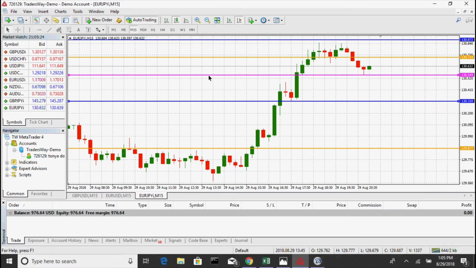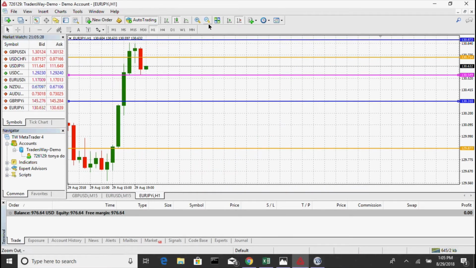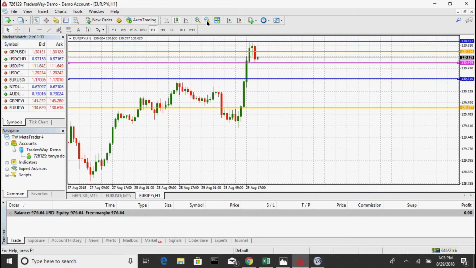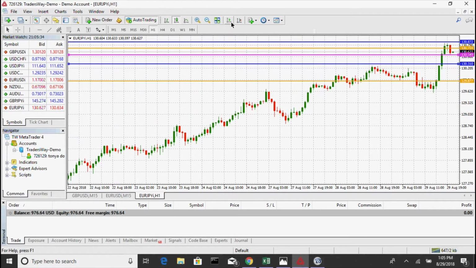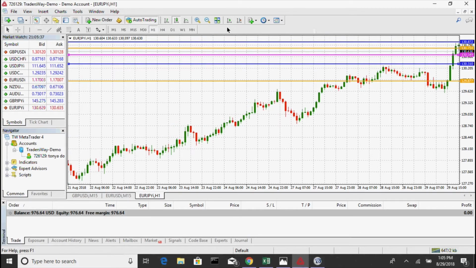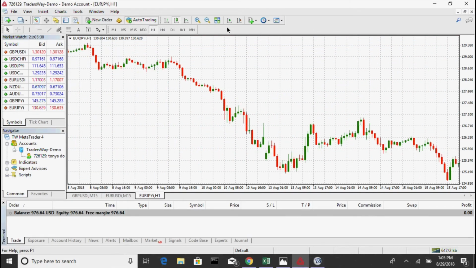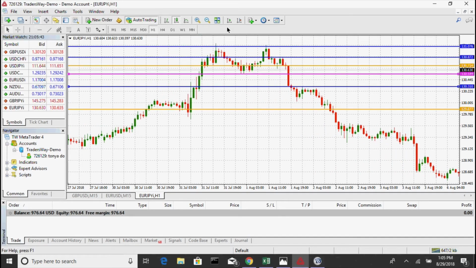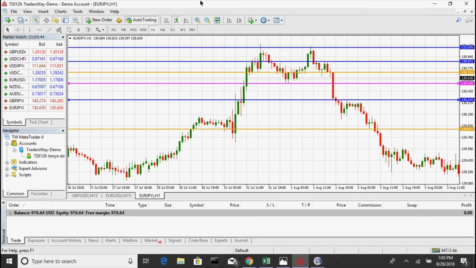Let's go back to the hourly chart. Get some more points of contact from my 15-minute chart. Let's see. I'm going to scroll back. I can get some more points of contact for my 15-minute.